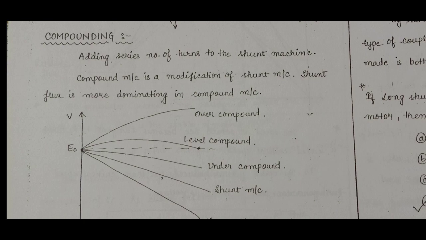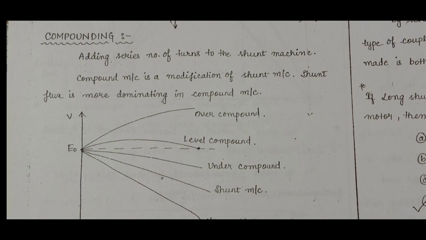In a compound machine, on a pole core, series turns and shunt turns are wound. Firstly the shunt turns are wound because the number of shunt turns is more, since resistance has to be more for a shunt field winding. It is very important: the resistance of the shunt field winding must be greater because it carries the lower current.